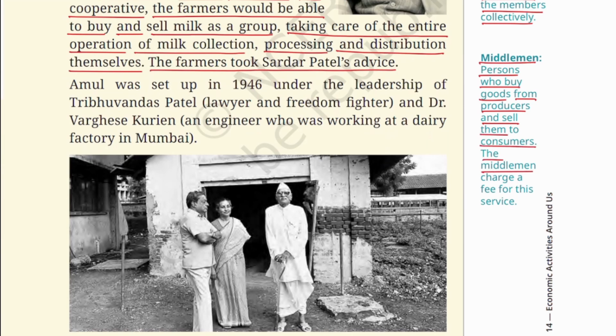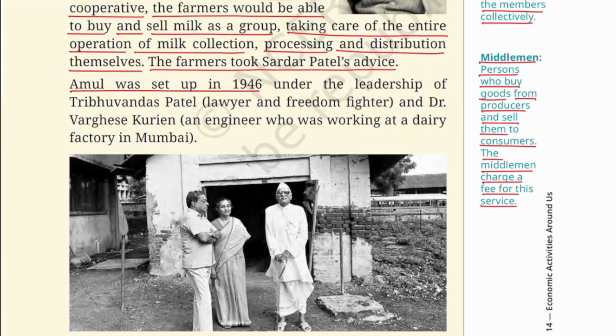The middleman charge a fee for this service. Amul was set up in 1946 under the leadership of Tribhuvandas Patel, lawyer and freedom fighter, and Dr. Varghese Kurian, an engineer who was working at a dairy factory in Mumbai.